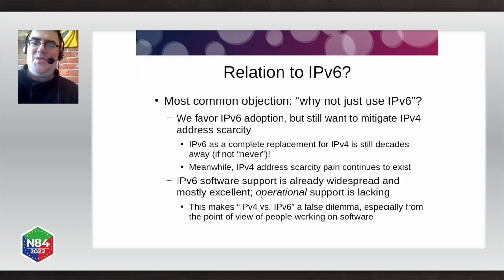Some people have also suggested that the resources that would go into changing this, and this specifically applies most to software, would be better spent on implementing IPv6 or making things compatible with v6. And I think that in most cases, this is a false dilemma in the sense that most operating systems already have great v6 support.